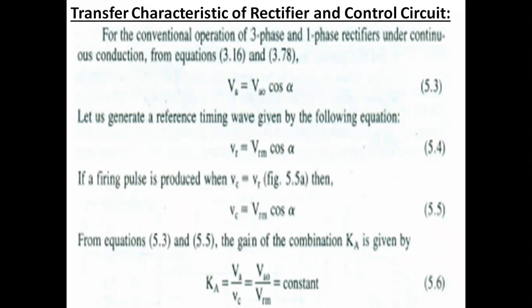From equations 3 and 5, the gain of the combination Ka is a constant, given by Ka = Vdo/VC, equal to Vdo/Vm. That is a constant term; make it the 6th equation.